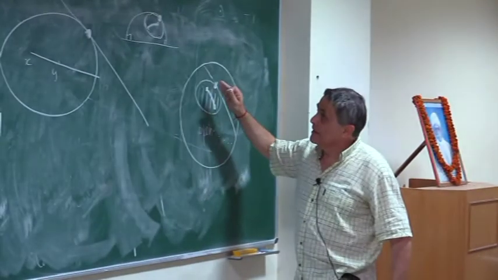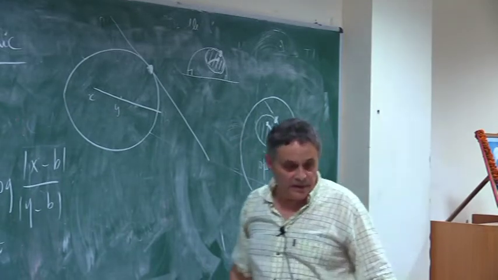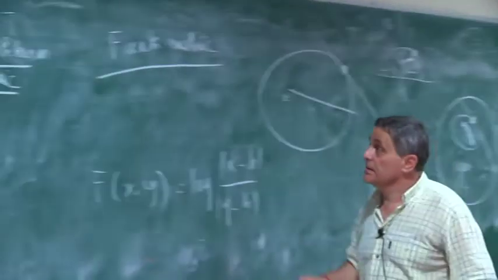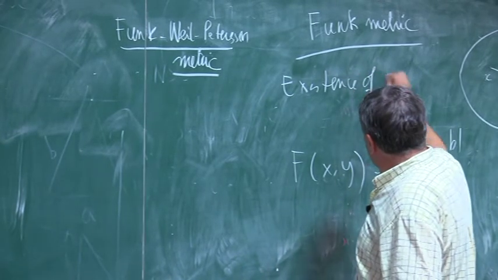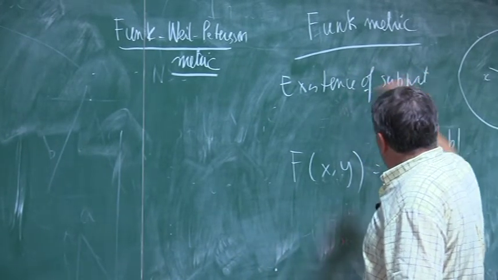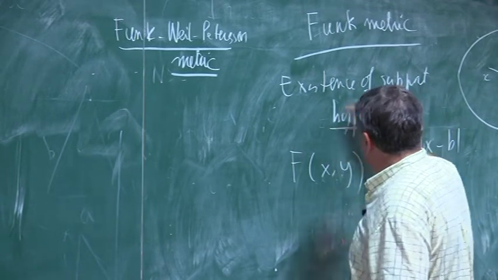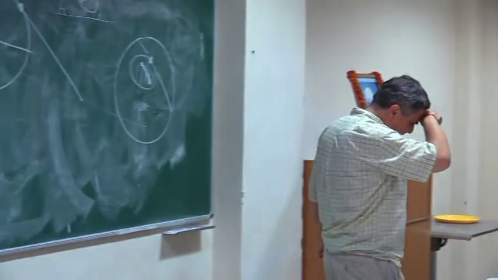Anyway, for the Funk metric on the sphere and in hyperbolic space, you have this existence of support hyperplanes, and in fact there's a theorem which I'm not sure Izmestiev mentioned.